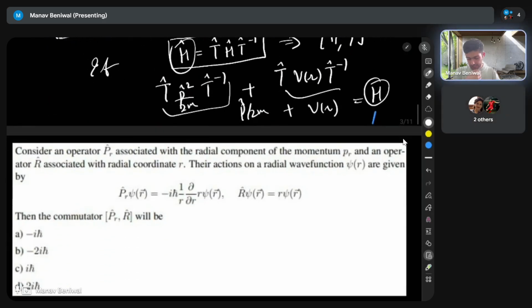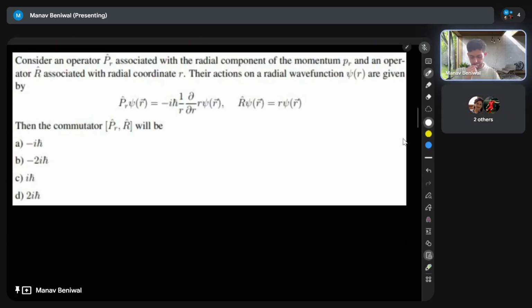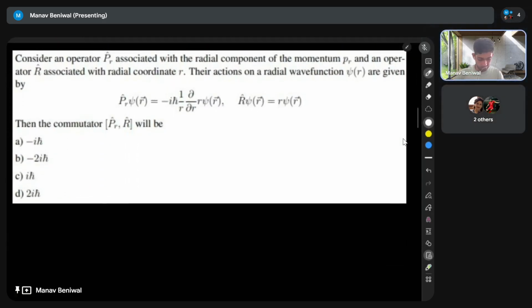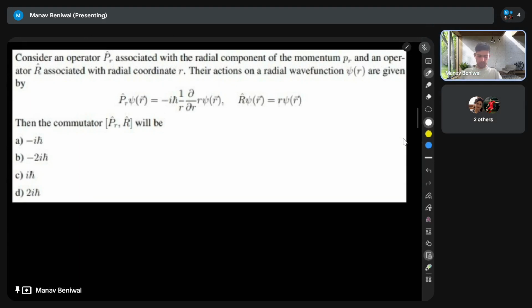Okay, then let's move on to the next problem. What do we have here? We have an operator P_r associated with the radial component of the momentum p_r, and an operator capital R associated with the radial component small r, and their actions are defined below.